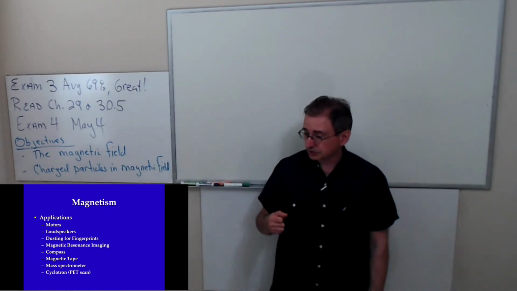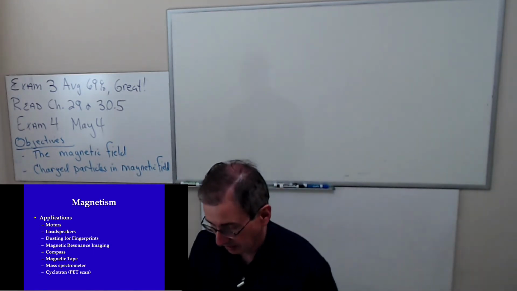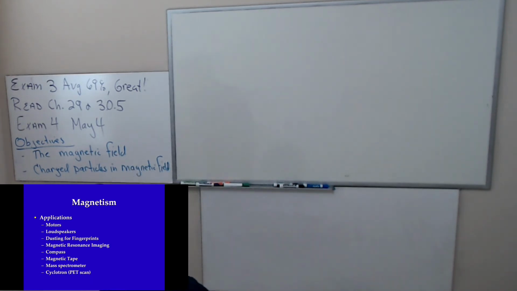We're going to talk about magnetic fields in today's lecture. The discussion is a little different than when we talk about electric fields. Magnetic fields are a little bit more complicated. How they arise, etc. It's more complicated.